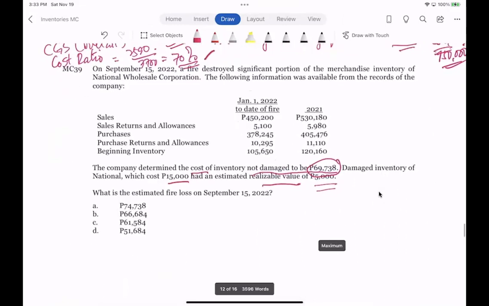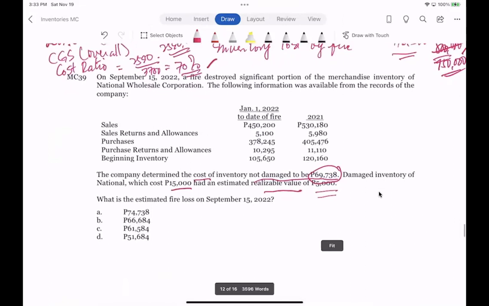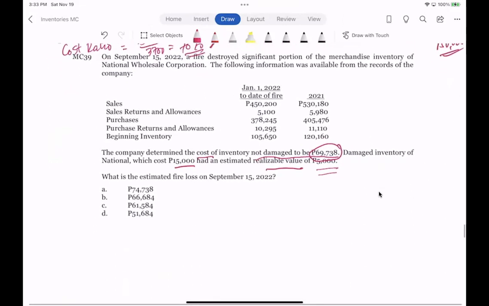Okay, so your first problem, is there any gross profit ratio given in 2021? If there is none, that means you have to compute for it. We stated in our discussion that for purposes of computing the gross profit ratio, we do not consider sales allowances, but we consider sales returns. We also do not consider sales discounts.